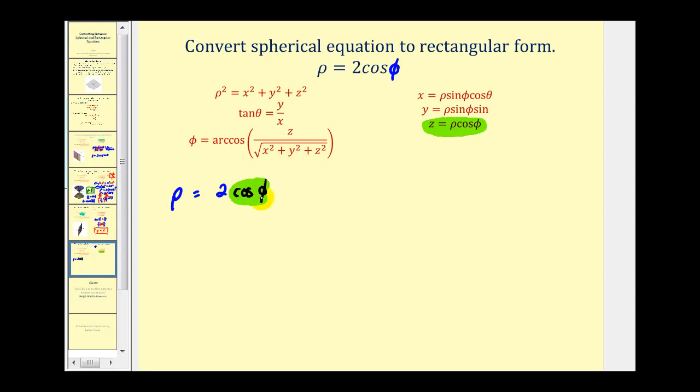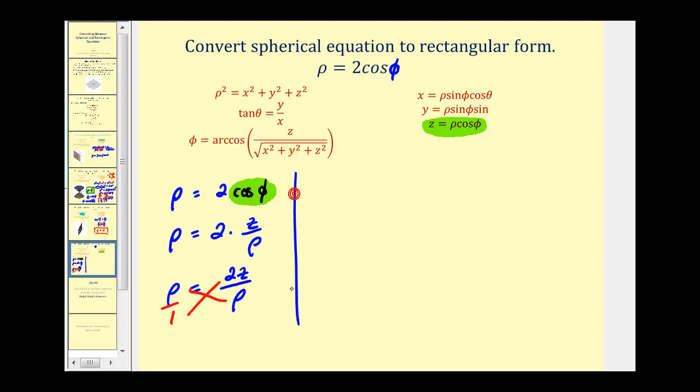Let's go ahead and perform that substitution here. So we have rho equals 2 times z divided by rho. Well, that would give us rho equals 2z divided by rho. If we put rho over 1 and now cross multiply, we'd have rho squared equals 2z.